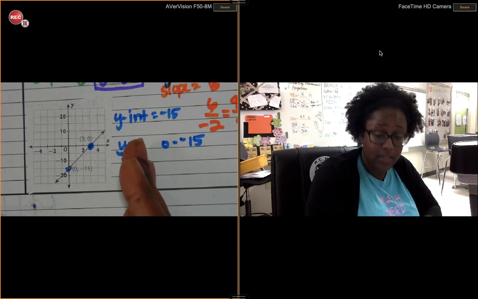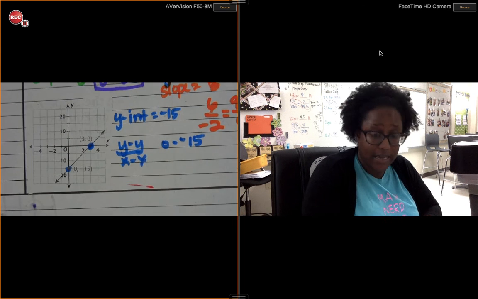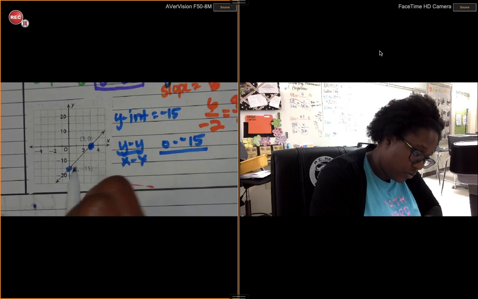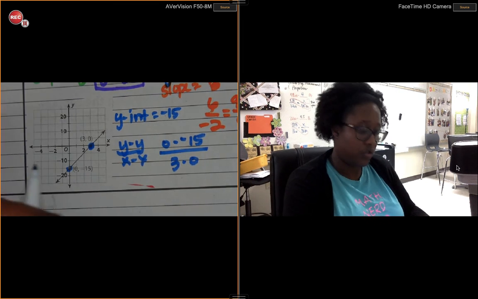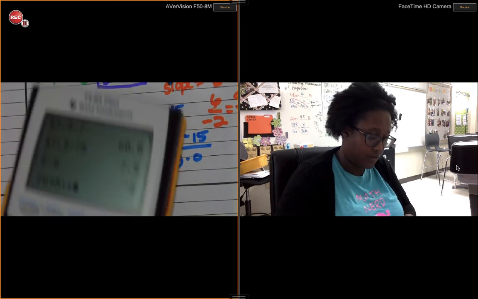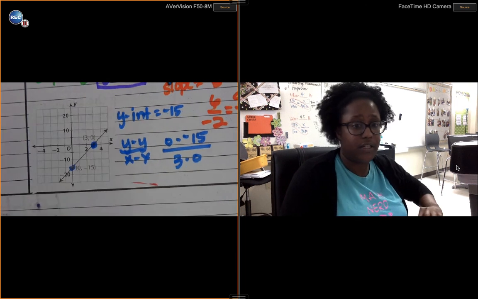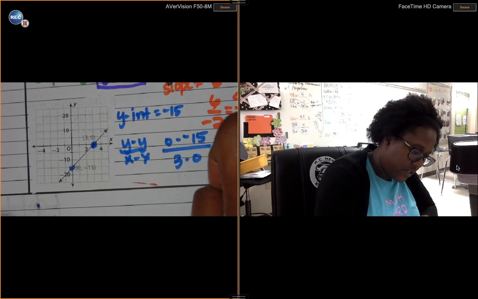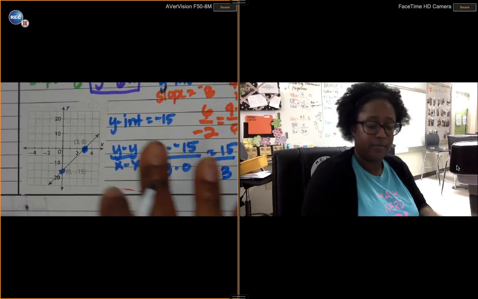Subtract a negative. You don't just put a negative, it's subtract a negative. And then we do 3 subtract 0. If I were to use my calculator, 0 minus negative 15 is a positive 15. So this is 15 over 3. Reduce and we get 5.